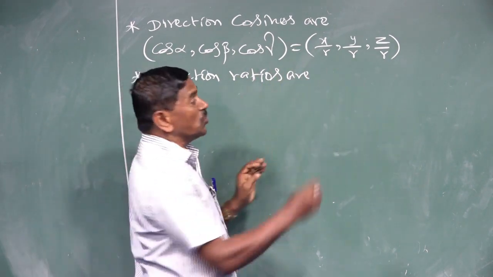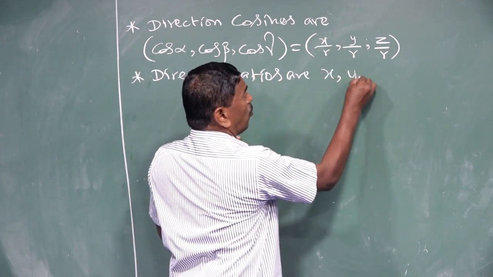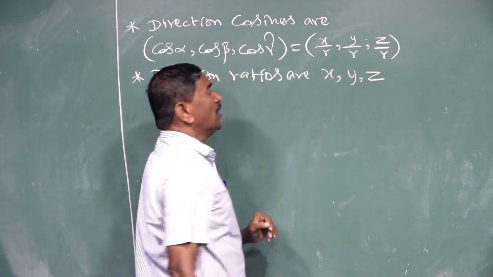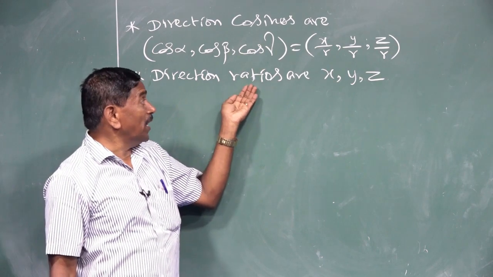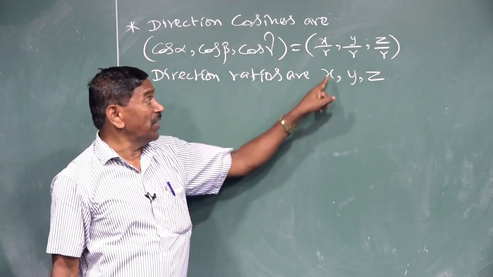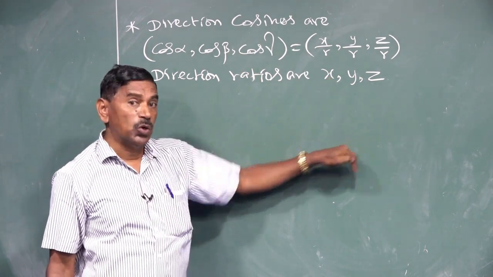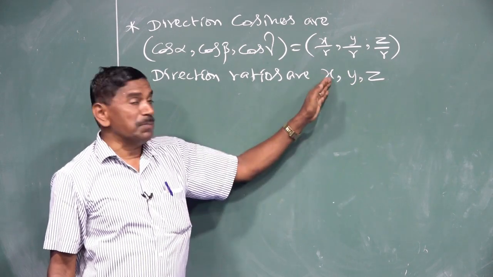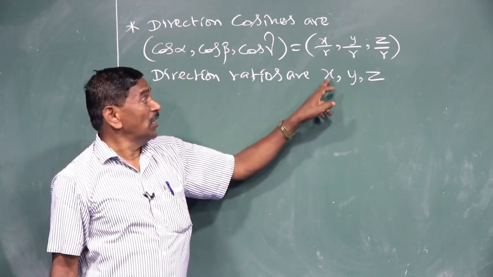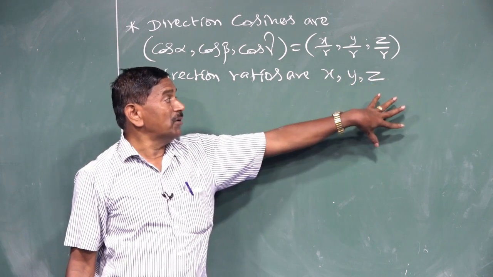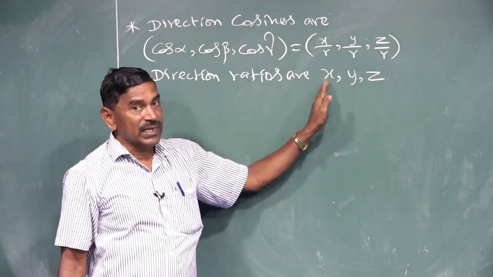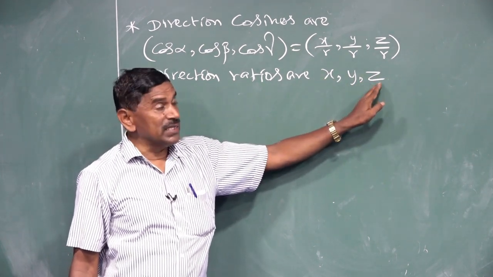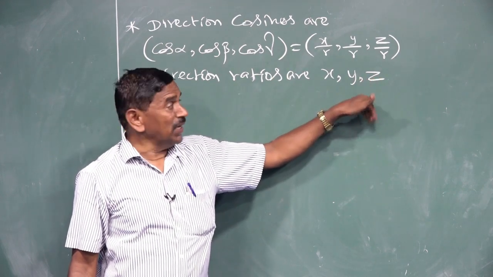So the direction ratios are x, y, z. We have an infinite number of direction ratios, because x is the distance from O to R, and the distance may change. Therefore, x, y, z, or kx, ky, kz, where k is some constant, etc.